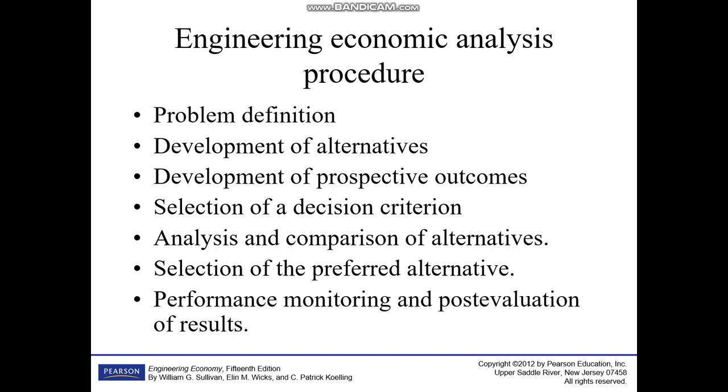The criteria are very important for evaluating the alternatives, and then we will select the good or optimum alternative later. Step number 5: analysis and comparison of alternatives. We analyze based on the criteria we already have, and then we compare the alternatives.